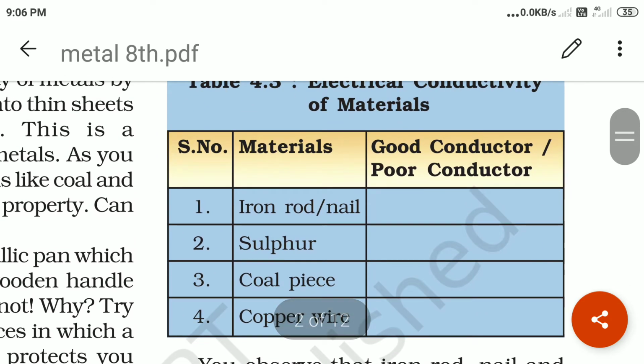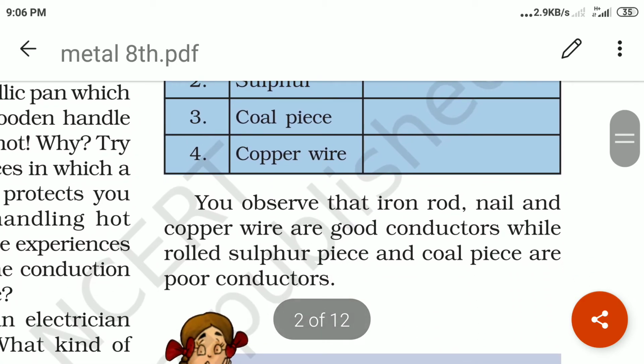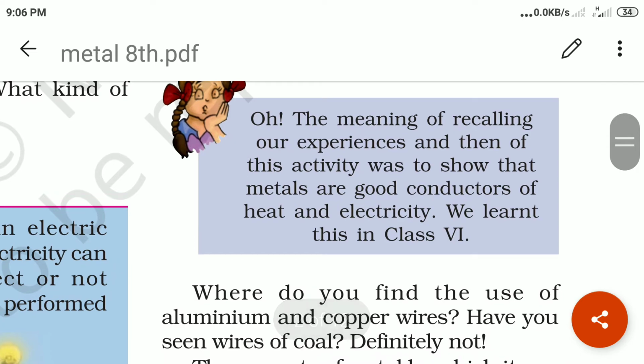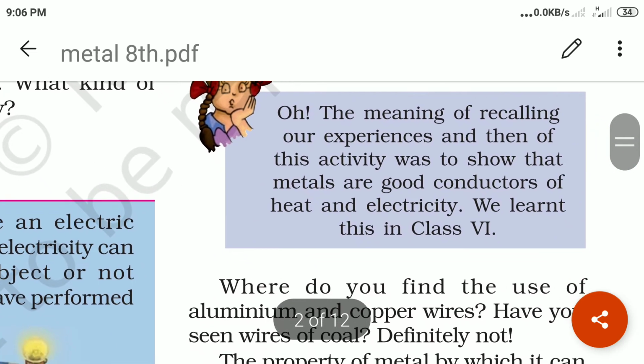First material: iron rod, nail, sulfur, coal piece, copper. Good conductor or poor conductor? You observe that the iron rod, nail, and copper wire are good conductors, while the sulfur piece and coal piece are poor conductors of electricity or heat.